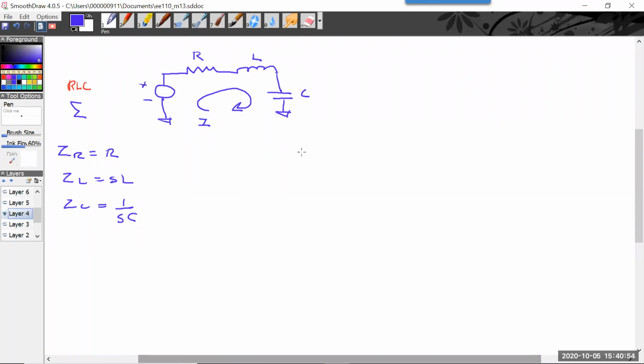So if I look at this from a mesh standpoint, I have all my I is all the same, and minus V in.